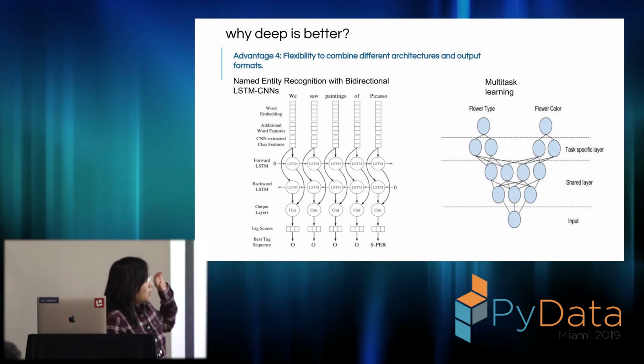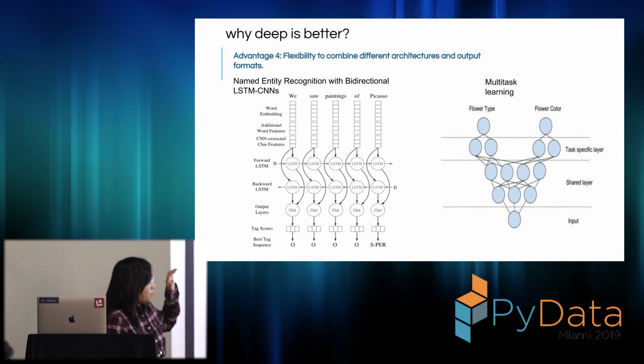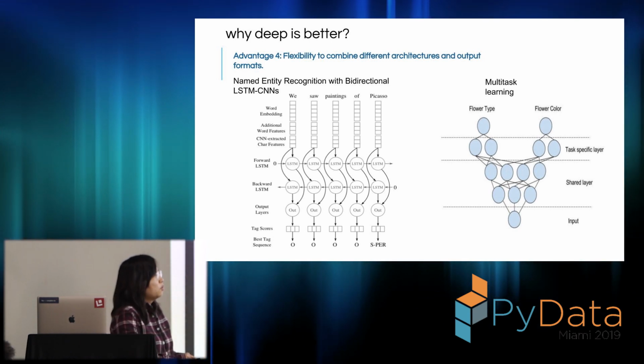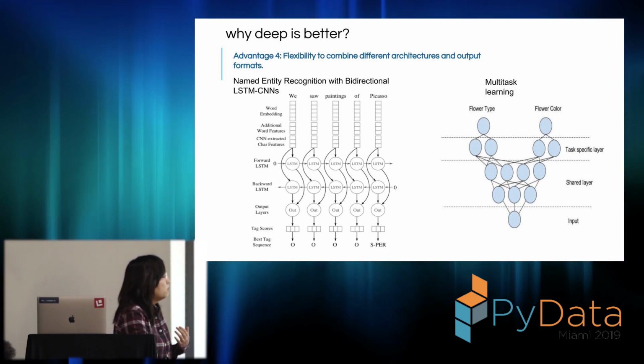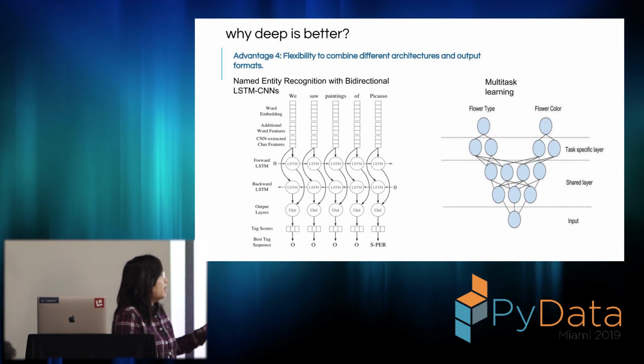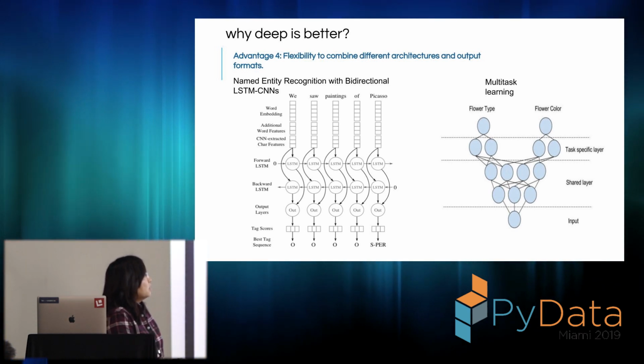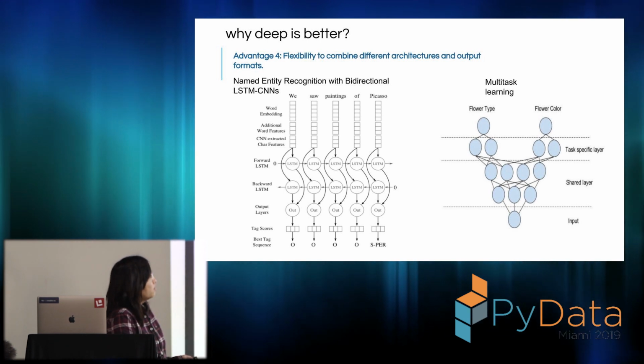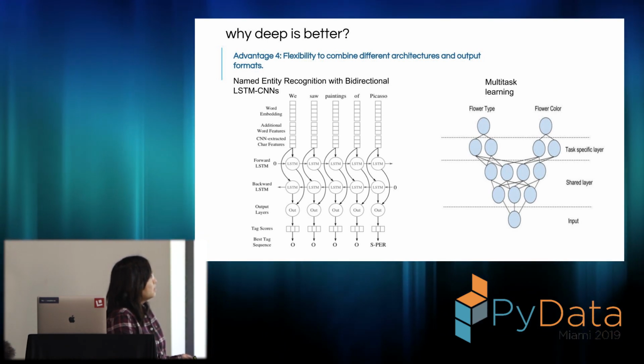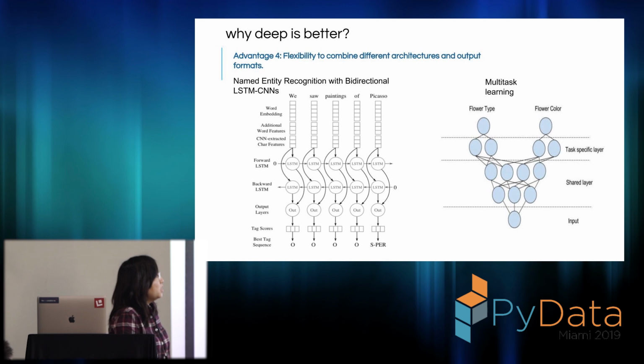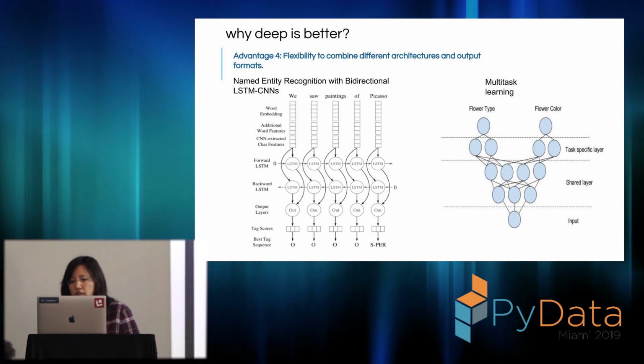Also, you can put multiple outputs to predict more than one thing. And it has been shown that for certain tasks, the prediction accuracy of a subnetwork in one output can beat a single task learning network.